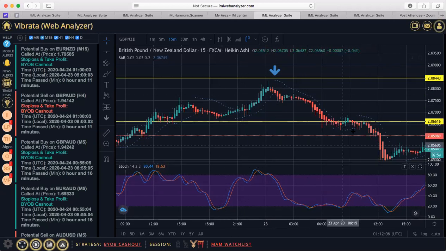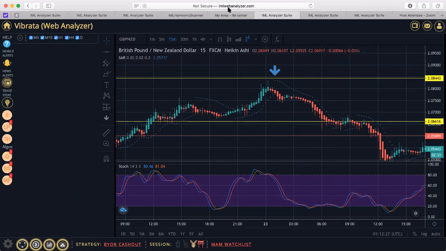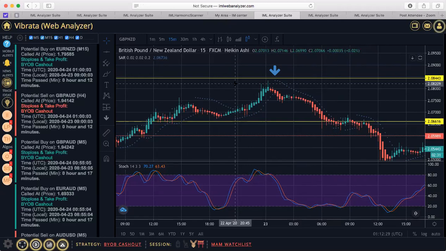You analyze on the vibrato, whether you're on the computer or on your phone. You see how I'm on the website, imlwebanalyzer.com, or you can go to im.center, but that one just has a white background, okay? So I'm walking through it.